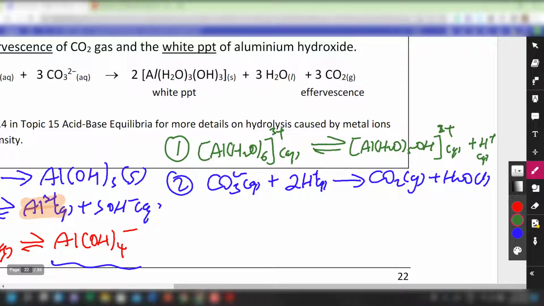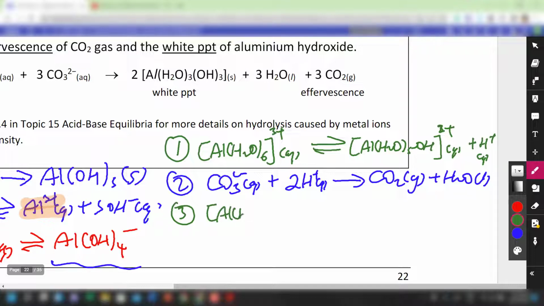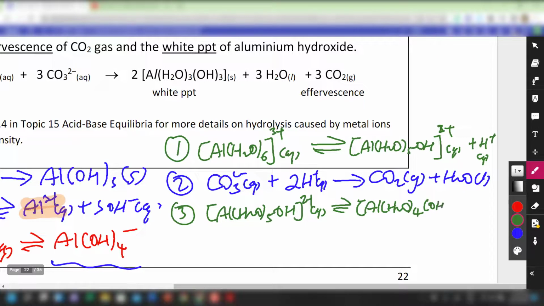When the position of equilibrium 1 shifts to the right, it will continue to lead to more of the complex ionizing. From a 2+ complex, it will further ionize to give a mono-charged complex, but in this case another water molecule will deprotonate to give another OH, and then this is a mono-charged complex and H+.